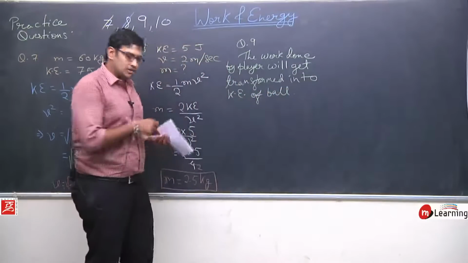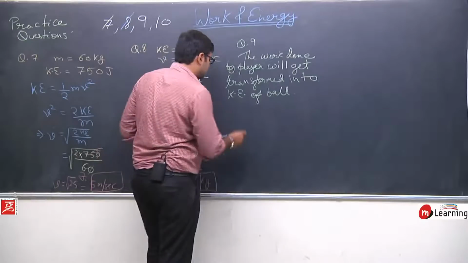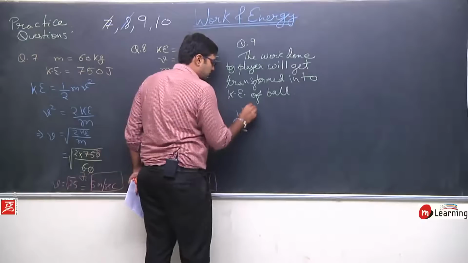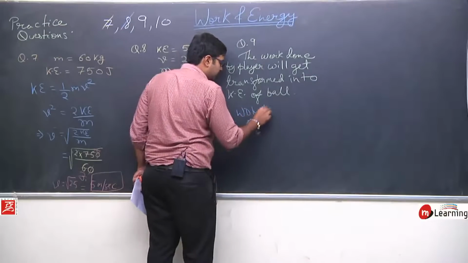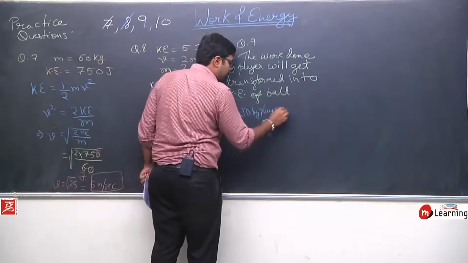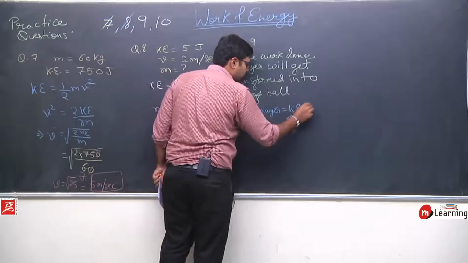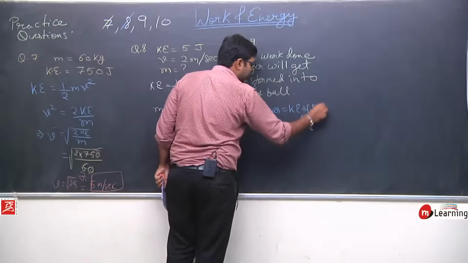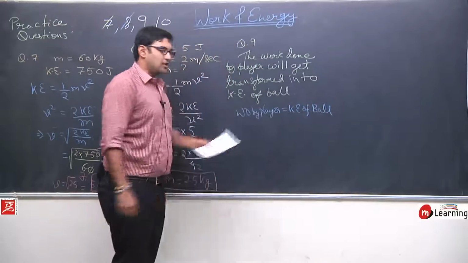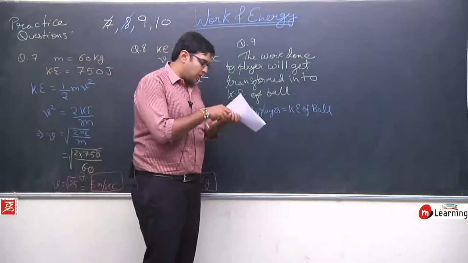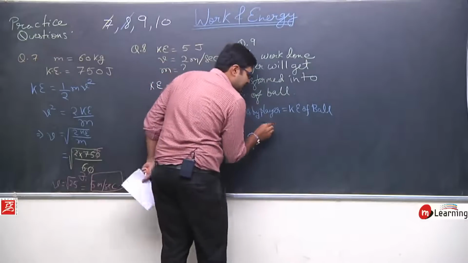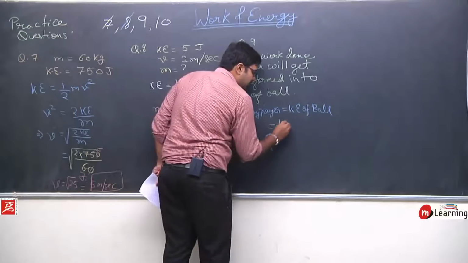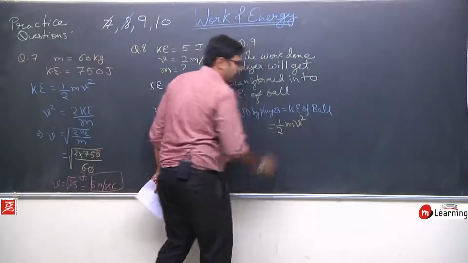So the work done by player will be equal to the kinetic energy of ball. Now if we talk about the ball, what is the kinetic energy of the ball? The kinetic energy can be represented as half mass into velocity square.